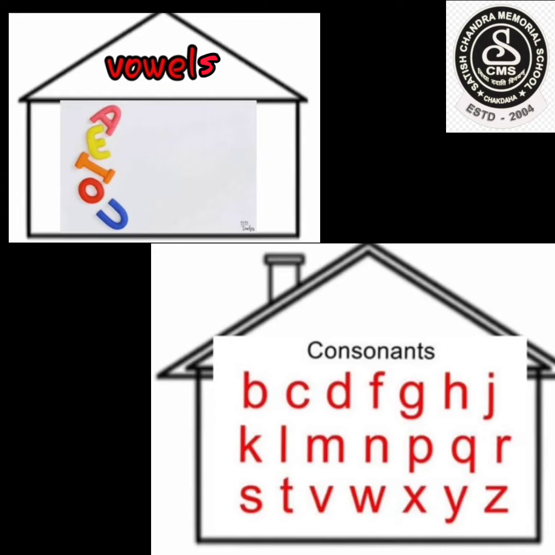So here we can see two houses. The name of this small house is Vowel House and the name of this big house is Consonant House. Now, in our English alphabet, we have 26 letters, right?